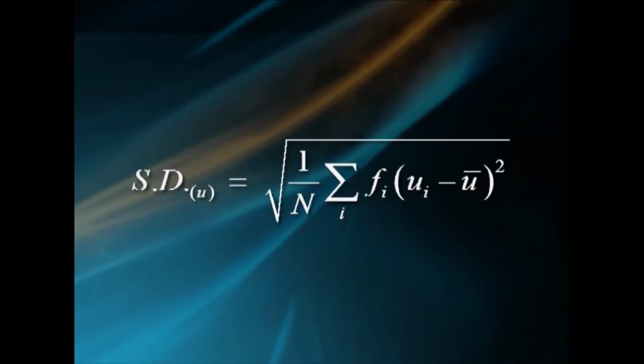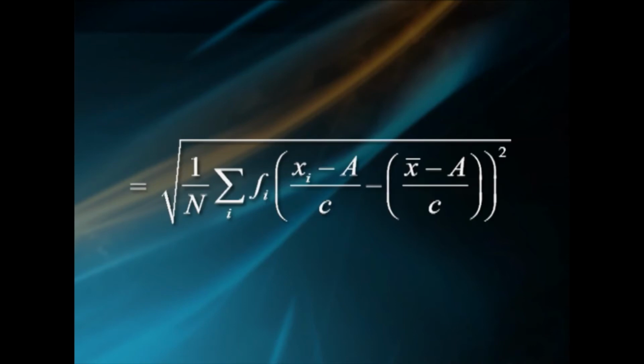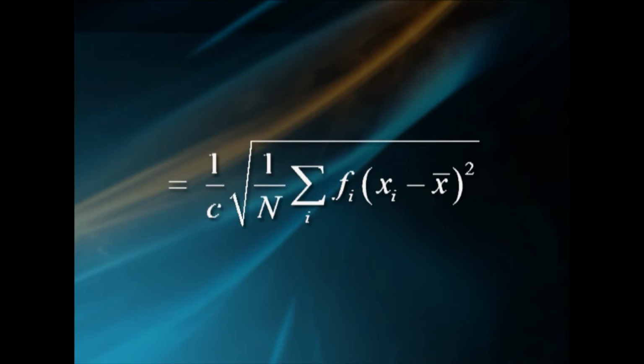Then standard deviation of u values, SD of u, equal to square root of 1 by capital N sigma over i fi into (ui minus u bar) the whole square, that is equal to square root of 1 by capital N summation over i fi into ((xi minus a) by c minus (x bar minus a) by c) the whole square, that is equal to square root of 1 by capital N summation over i fi into ((xi minus x bar) by c) the whole square, that is equal to 1 by c into square root of 1 by capital N summation over i fi into (xi minus x bar) whole square.